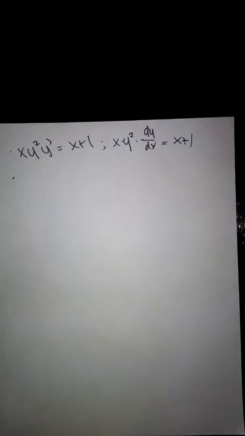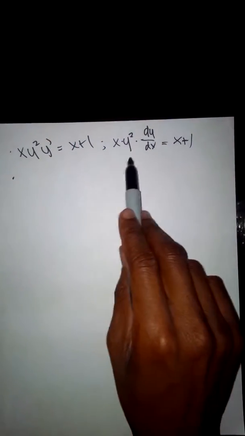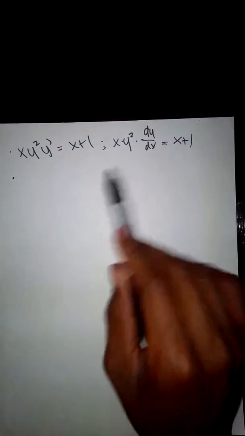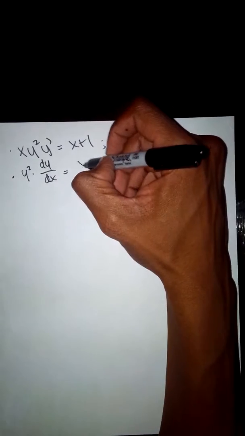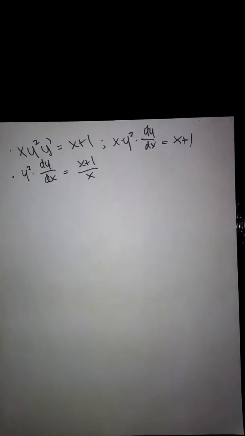Hope you guys don't mind, but I actually use bullet points to denote my next step. So what we're going to do right here is divide both sides by x so that we can separate the y's and the x's. So we're going to have y squared times dy/dx is equal to x plus 1 divided by x. We just divided both sides by x, okay?